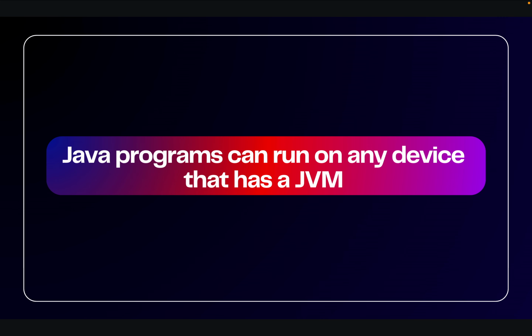This is why it is used by different platforms. If you install a JVM on any device, then Java can run. That is one of the good things about Java, and that is why you can write it on Windows or Mac or even a Linux device.